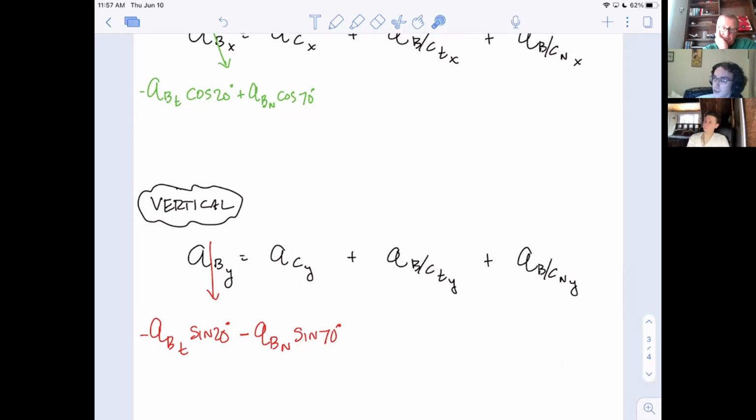So let's see, what do I have now? I still have 2 equations, but I have ABT, ABN, and I still have tons of X's and Y's. So I still have just stuff everywhere. I'm totally lost. I'm totally confused.